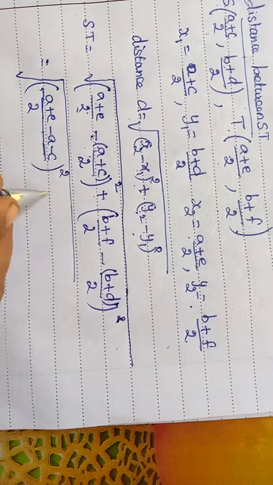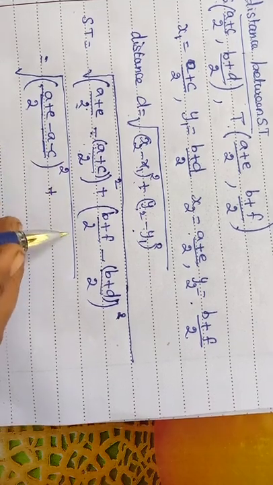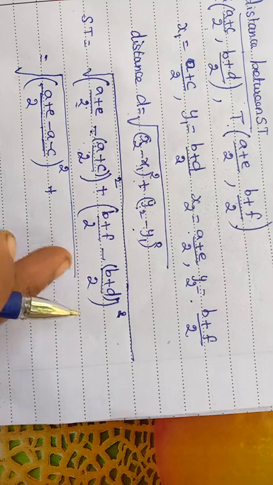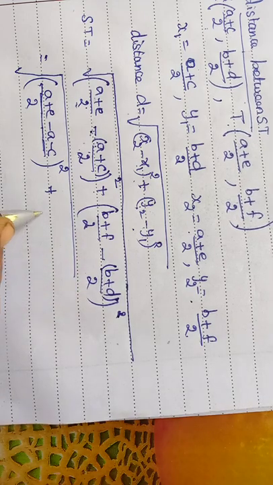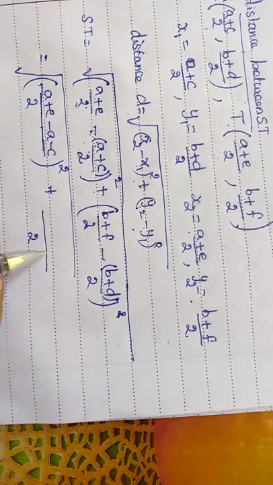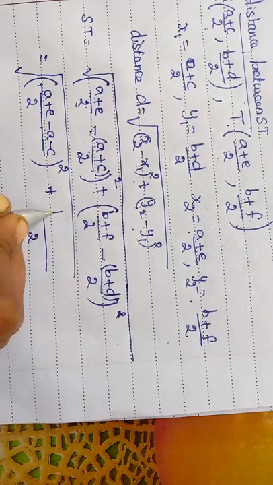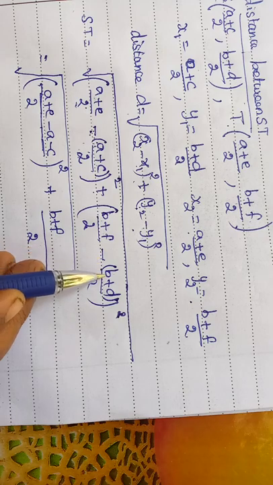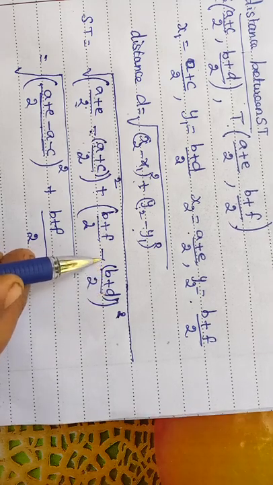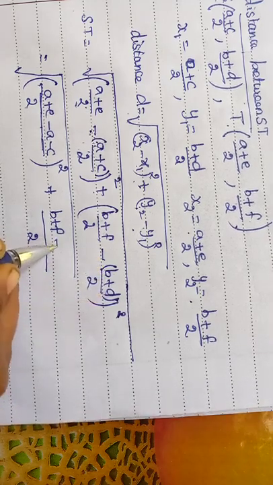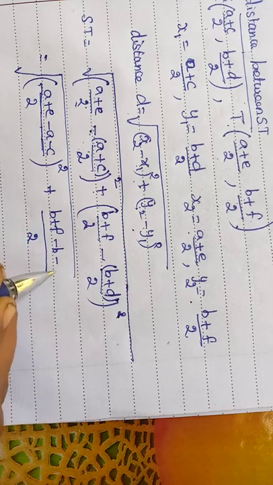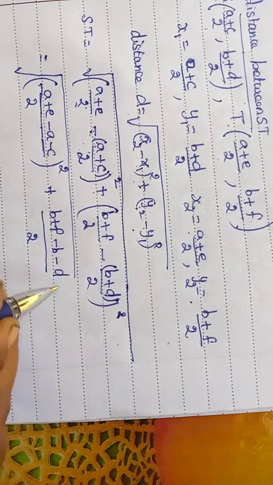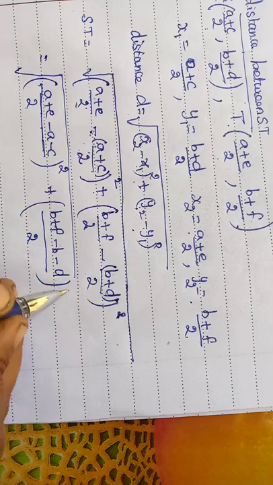Then plus. In the same way, this term also has the same denominator, so we can write 2. Numerator first B plus F. Here also minus is common for both terms, so multiply by minus, that is minus B minus D, the whole square.